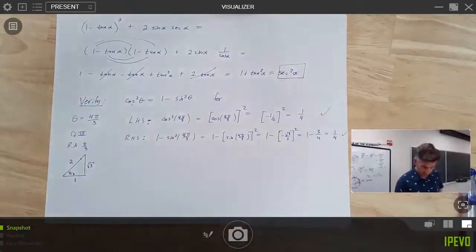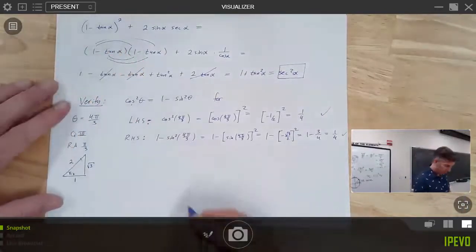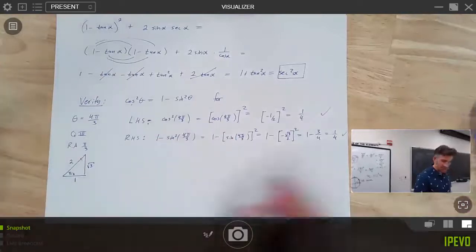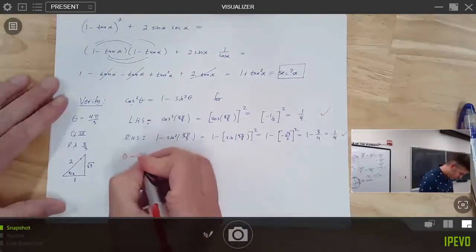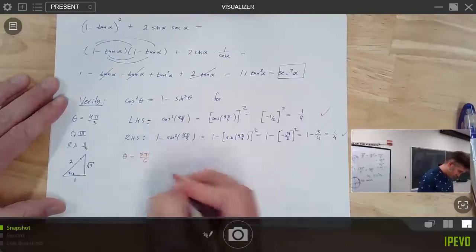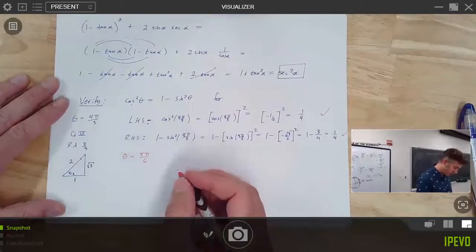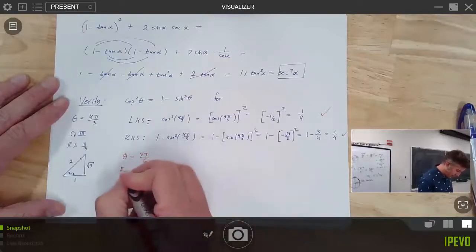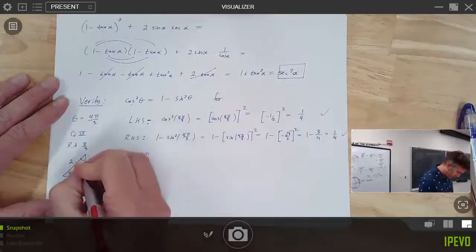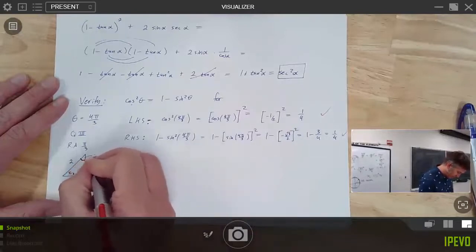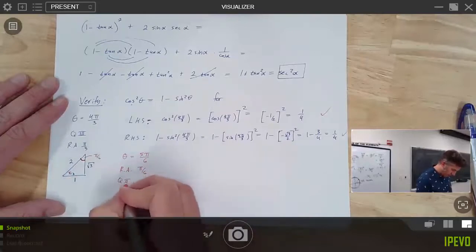Let's do another one. Let's do the same identity for theta equal to 5 pi over 6. Let's use a different color just so it's easier to see what's happening here. For theta equal to 5 pi over 6, the reference angle is pi over 6, which is this angle of this special triangle, and the quadrant is quadrant 2.